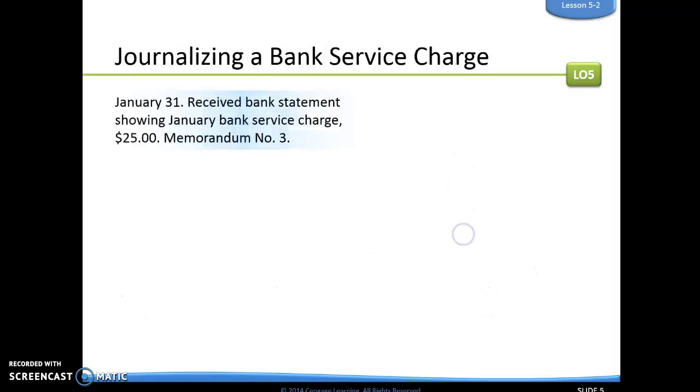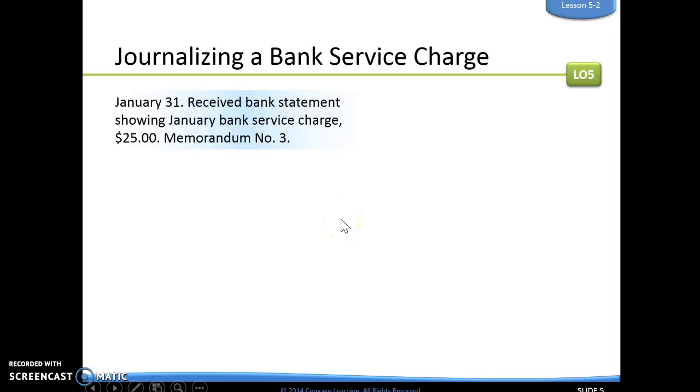Now we need to actually journalize this service charge because, yes, we have recorded it on our reconciliation, we have recorded it on our check stub, but it's not actually in our journal yet. And that's the important part. We really need to make sure it's in our journal. So it says on January 31st, we received a bank statement showing a January bank service charge of $25. We're going to use memorandum number 3.